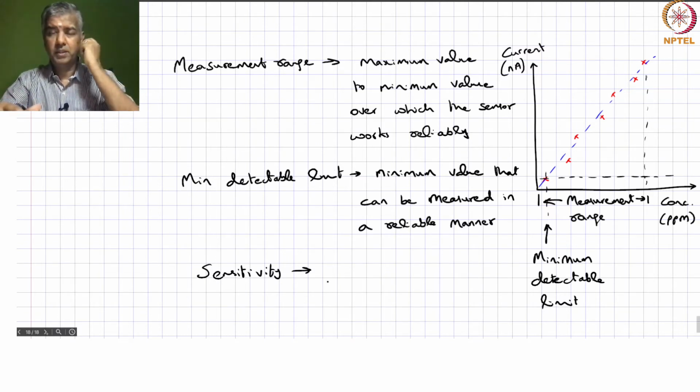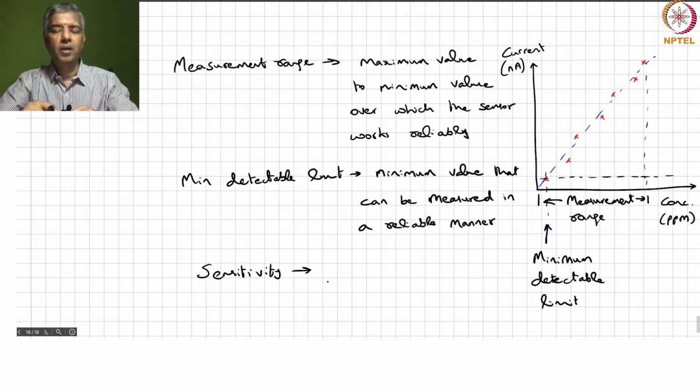So you say you need a bit error rate of 10 power minus 9. To achieve that bit error rate, what is the minimum power that should be incident on the receiver? That's what we call the receiver sensitivity.